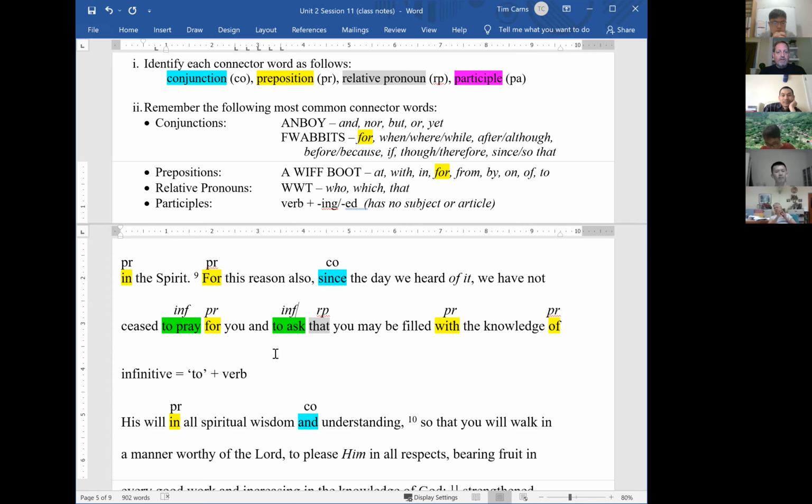In English it's harder because that word to, that preposition to, is part of it. So that can be tricky. The way you confirm is just look at the word that follows it. If it's a verb and it's the word to, then you have an infinitive.